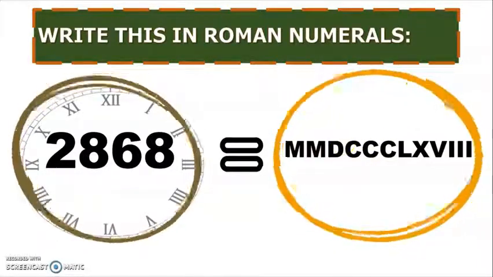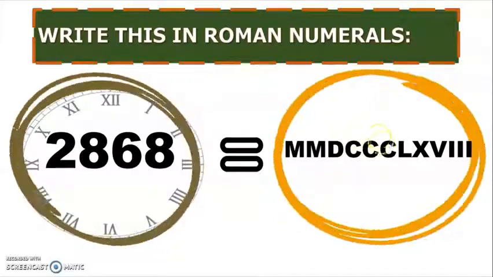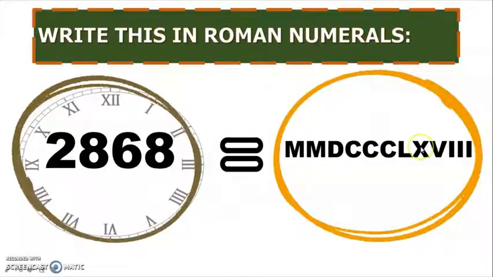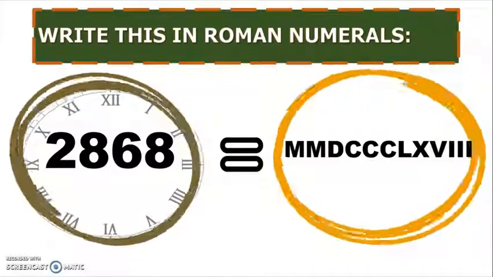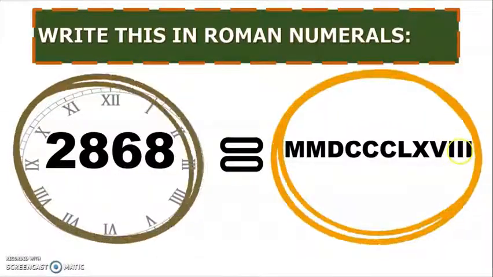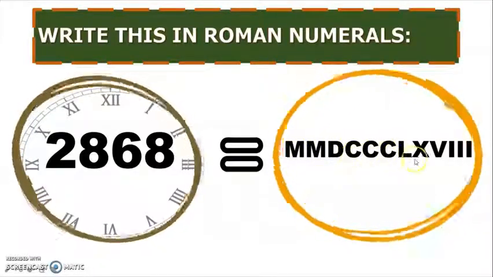It is 800 in all: DCCC. Plus X, which is 10. Then V plus III is 8. Therefore, MMDCCCLXVIII.